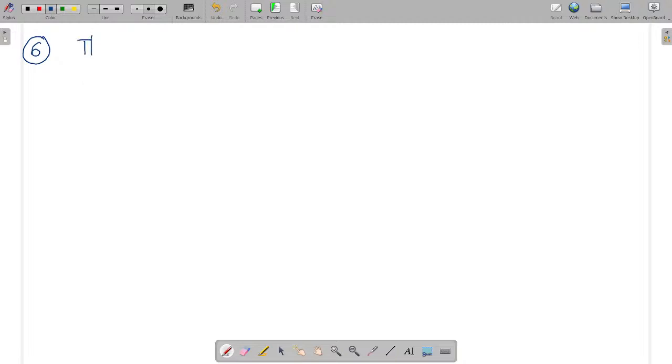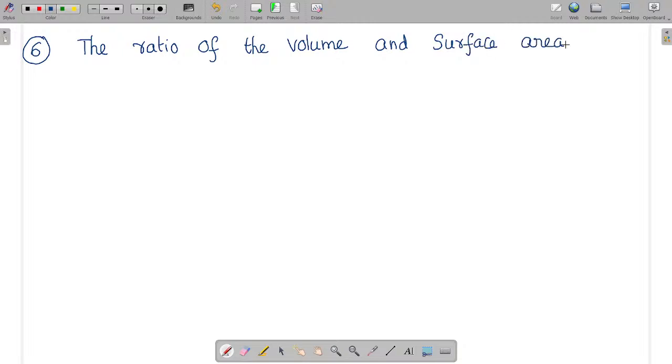The ratio of the volume and surface area of a sphere of A units is.